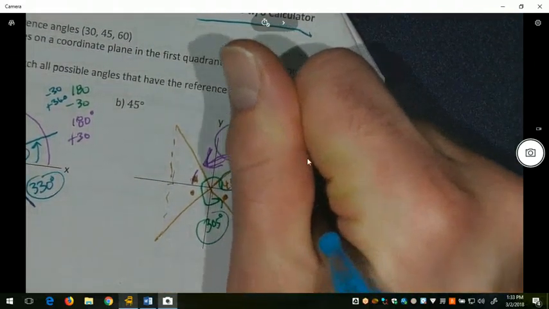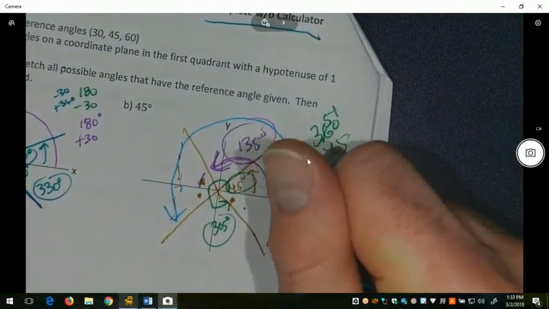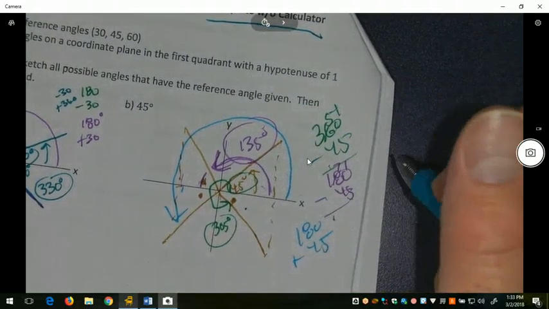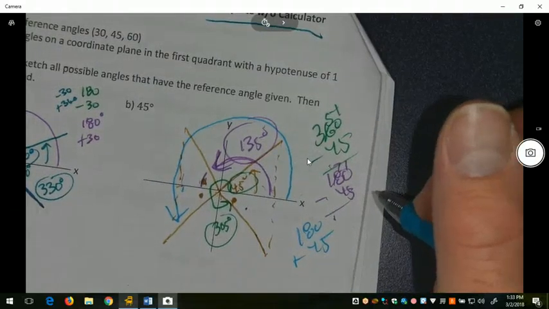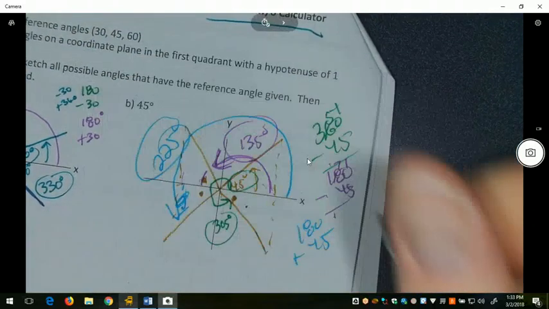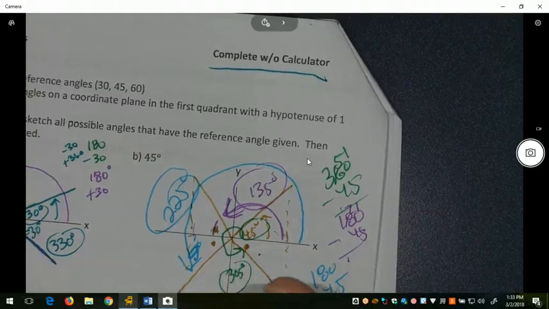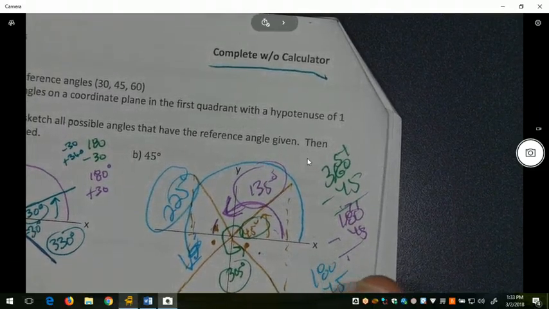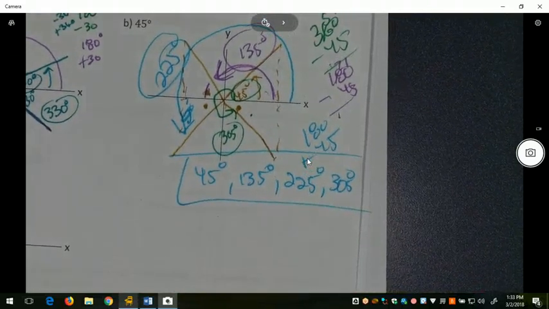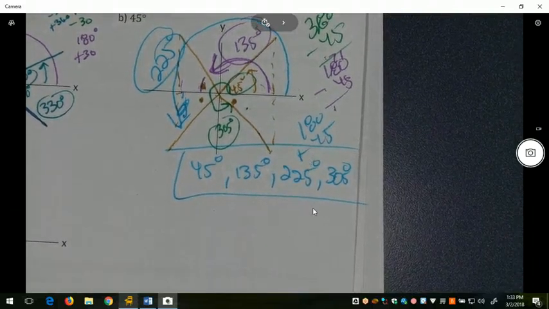Okay, so then to go all the way into the third quadrant, I'd have to do my 180 plus an additional 45 degrees, which would give me 225 degrees. So my angles are 45, 135, 225, and 315 degrees. Those angles all have a reference angle of 45 degrees. Try this for the 60-degree angle.